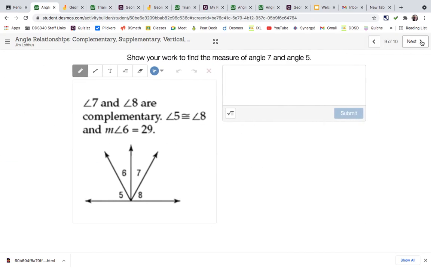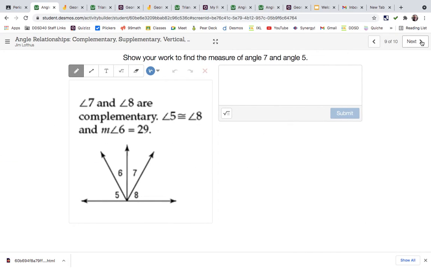All right, number 9. It says find angles 7 and 8 are complementary. That means they add to 90. And 5 and 8 are congruent. The measure of 6 is 29.